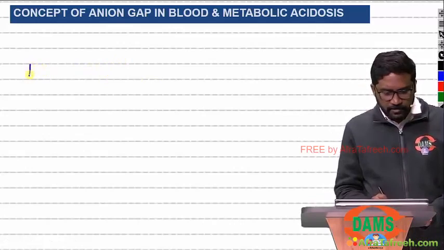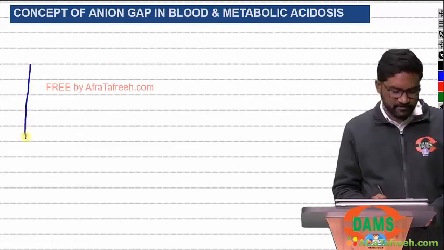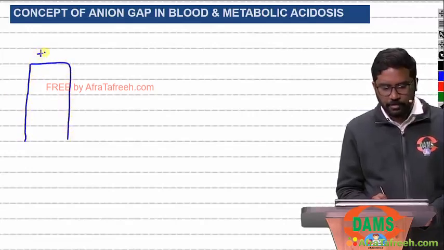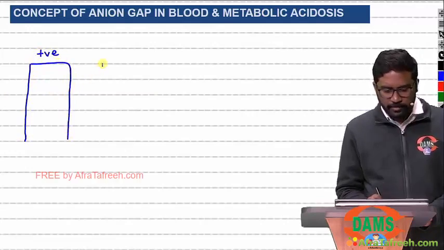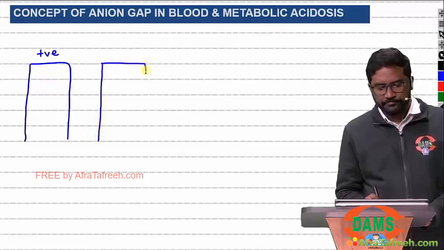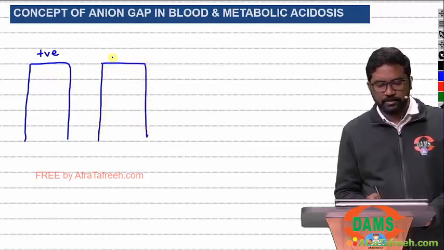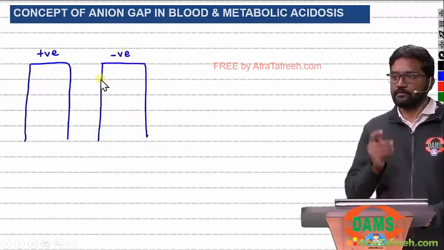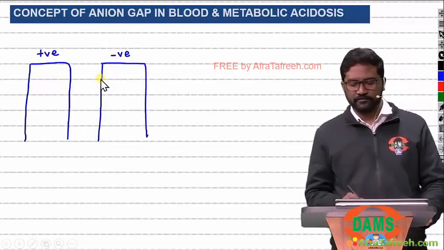So in my body there are two compartments, a positive compartment and a negative compartment. Always, to maintain electroneutrality, the total number of positives will be equal to the total number of negatives.